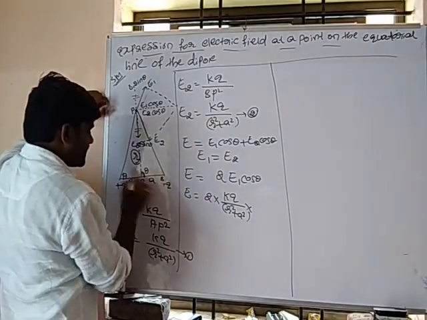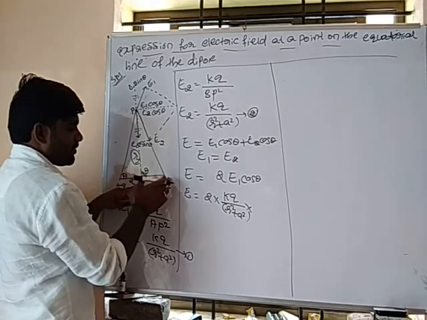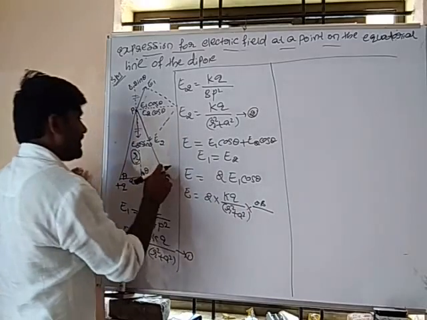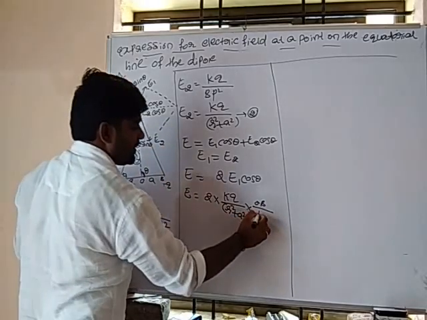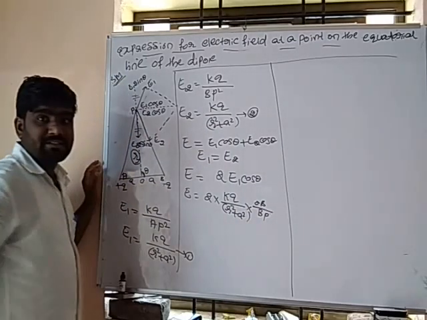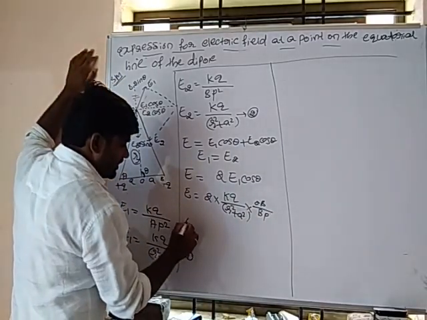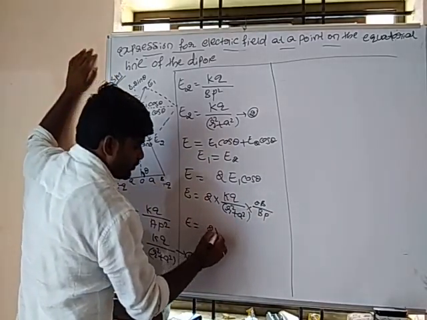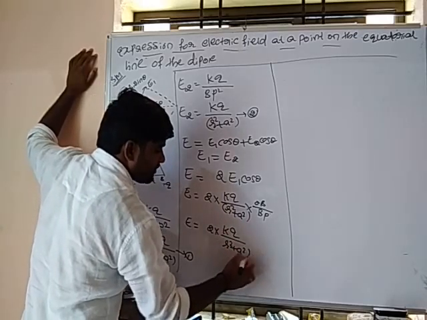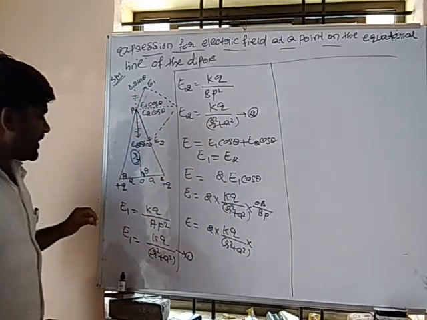The base will be OB, O to B, divided by the hypotenuse, which is BP, not BP square, BP itself. So this E is equal to 2 into KQ divided by R square plus A square into OB.